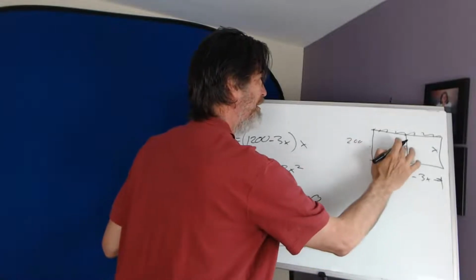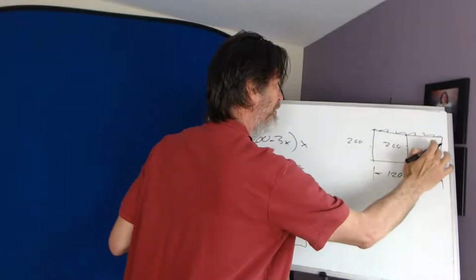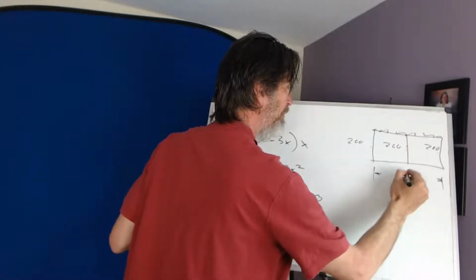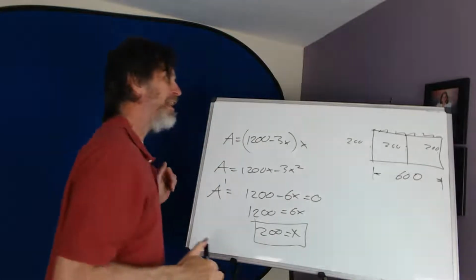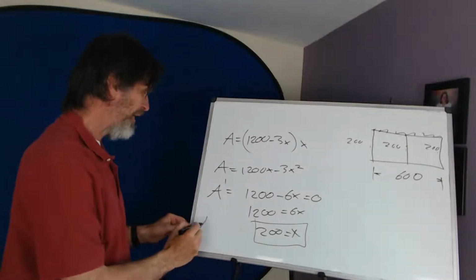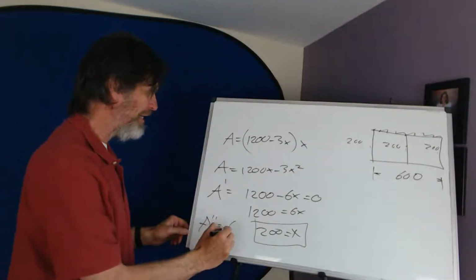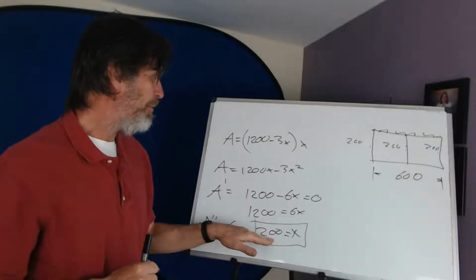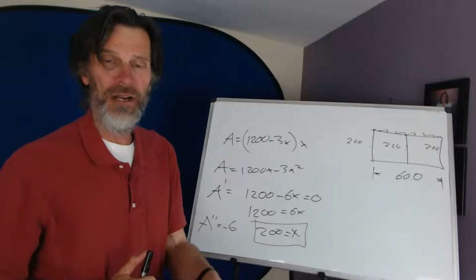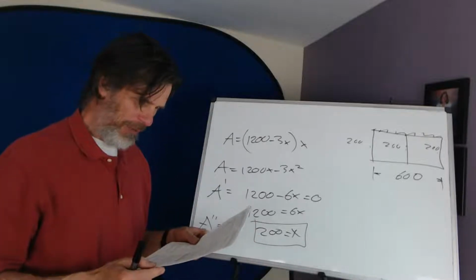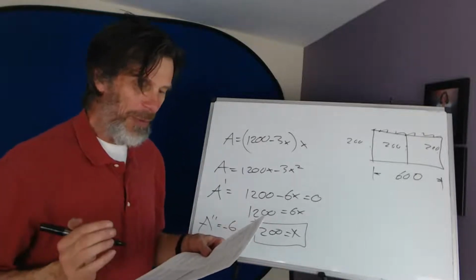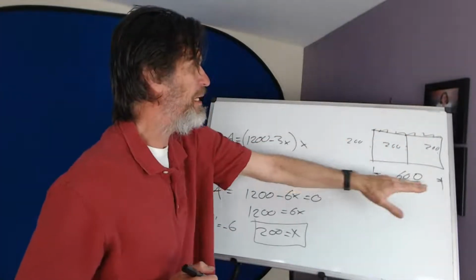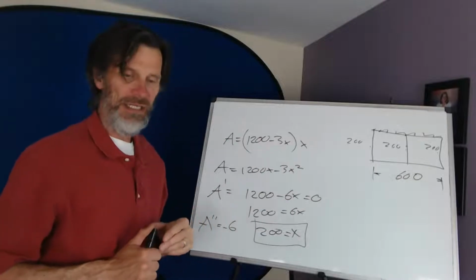We know this is 200, this is 200, this is 200. We've used up 600 there, 1,200 to begin with. There's 600 left. By the way, the second derivative here is -6. It's a function that's always concave down. So at my critical point, at x equal to 200, I do indeed have a maximum. I want to see what the question was at the end. Oh, set the dimensions. Okay, so she should make these three sides each 200 apiece, and then that long edge should be 600.